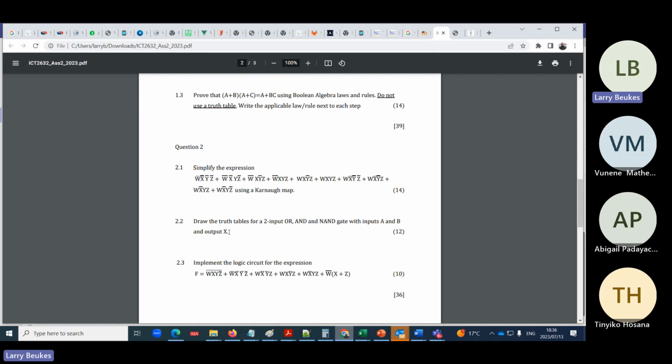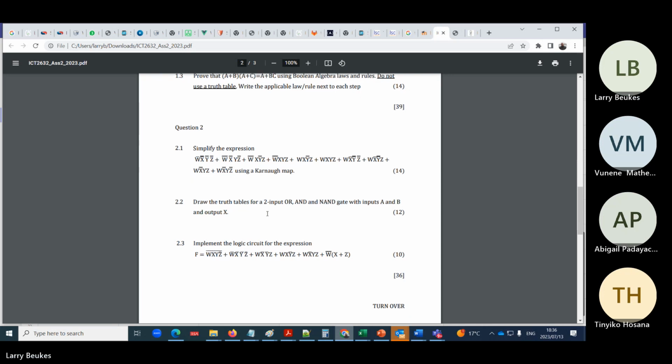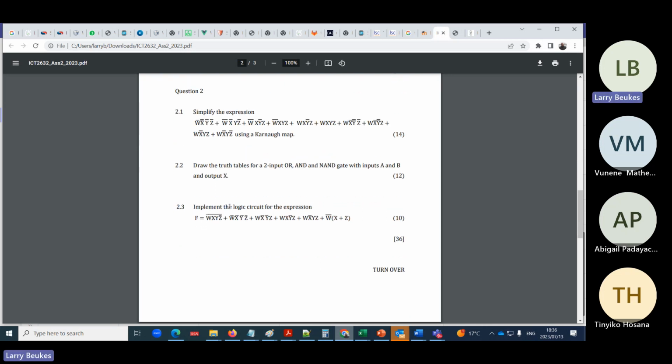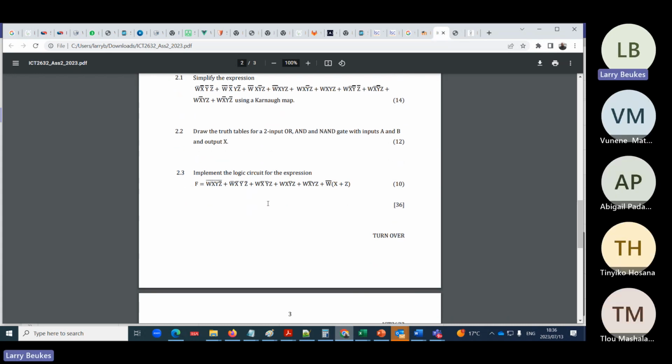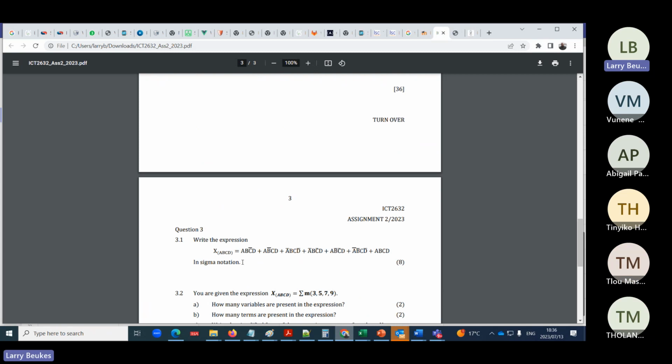This one I'm not gonna comment on. There. Implement the logic circuit. Those who attended last week or the last session, actually the last 2 sessions. Sigma notation, we did it.